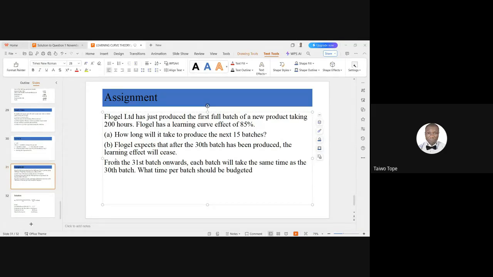Yes, that is what we always tell ourselves. Can an ATM just work on its own? We know, but it's reducing the number of humans that should be in a workplace. So the point is this: with automation, you cannot evaluate the learning curve. It is when the activity is done manually that the learning curve will be much more appreciated.